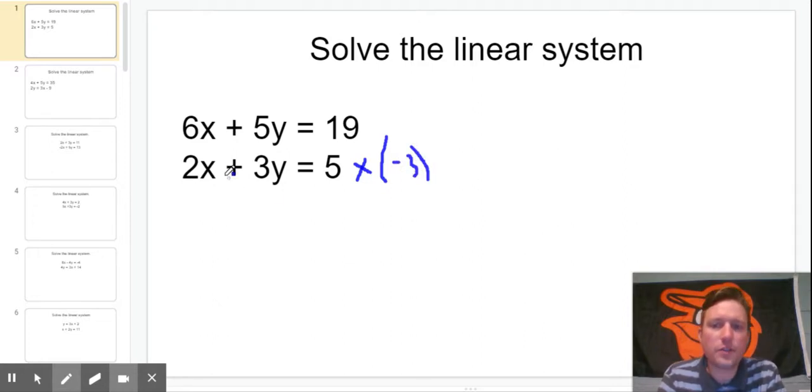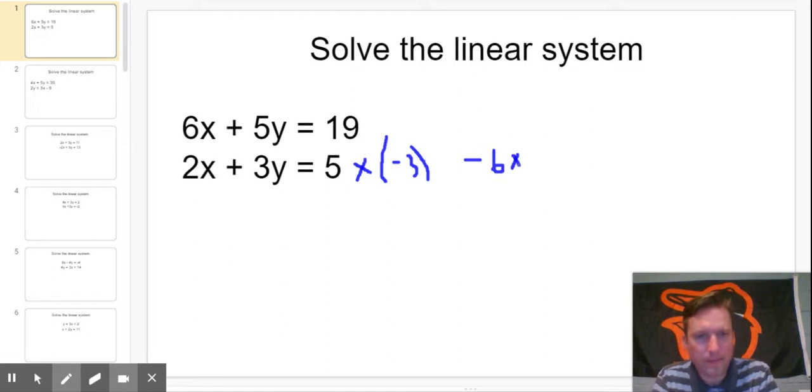So I have 2x times negative 3. That's going to give me negative 6x. There we go. That's what we're trying to do. And then we have a negative 3 times 3y. That's going to give me negative 9y. My pen is not working. There we go.